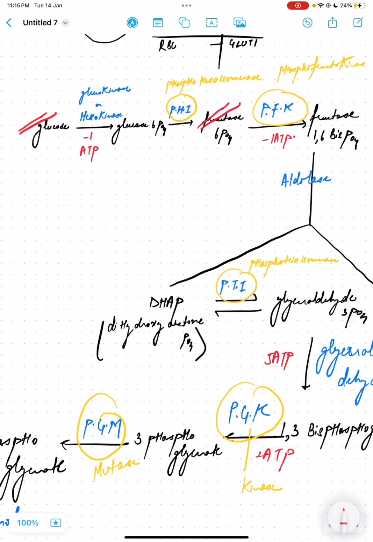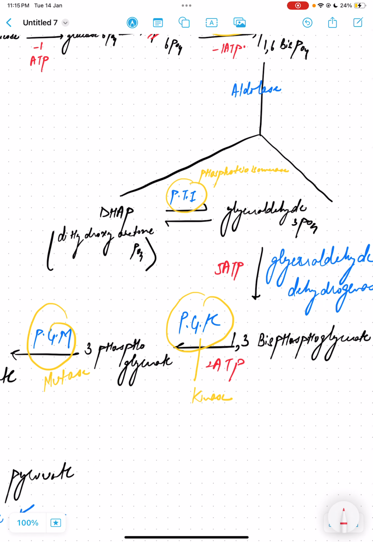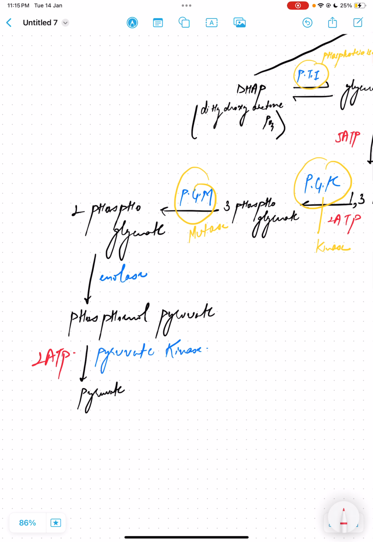What are the steps where energy is produced? Energy is produced basically in the step where glyceraldehyde 3-phosphate is converted to 1,3-bisphosphoglycerate. There 5 ATPs are produced, and when 1,3-bisphosphoglycerate is converted to 3-phosphoglycerate, 2 ATPs are also produced. Further, when phosphoenol pyruvate is converted to pyruvate, 2 ATPs are also produced.